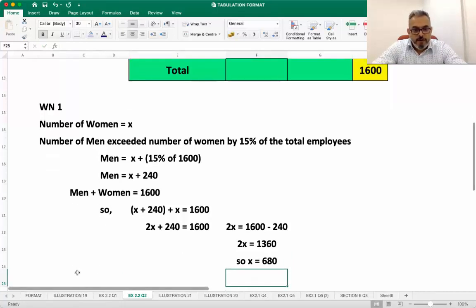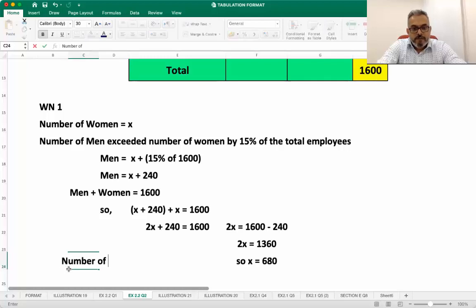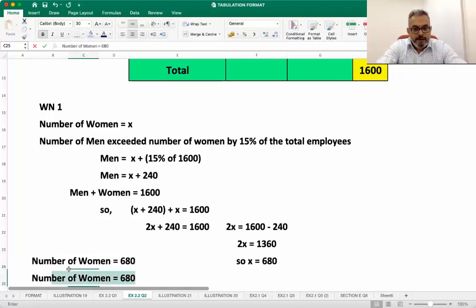So number of women is equal to 680 and number of men is equal to 680 plus 240, which is equal to 920.